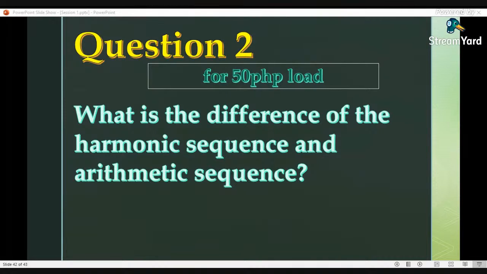Harmonic sequence has a common denominator while the arithmetic sequence has a common factor.